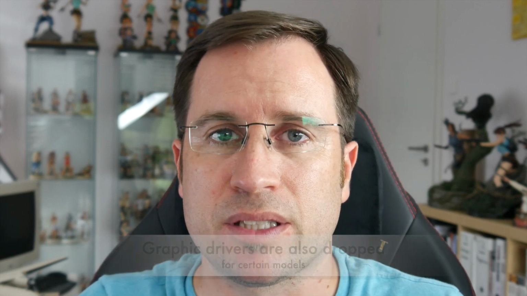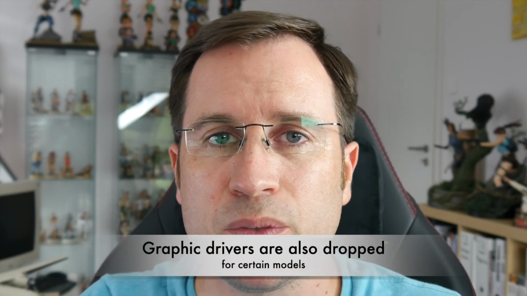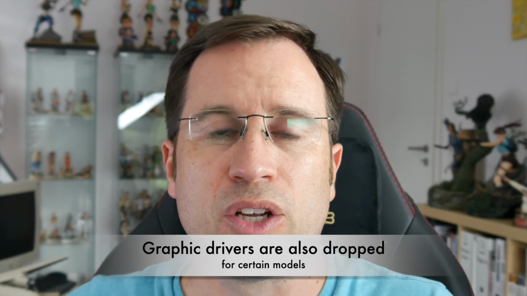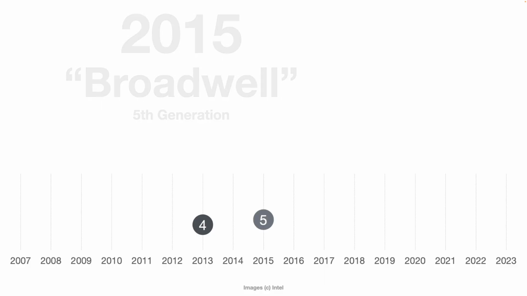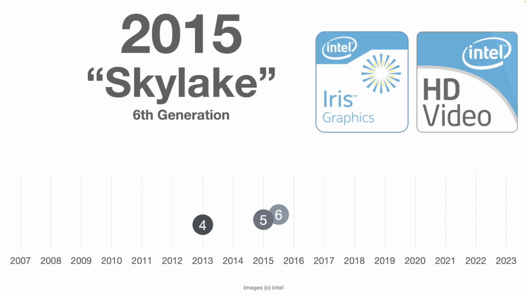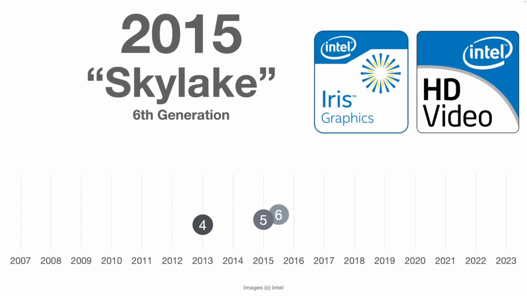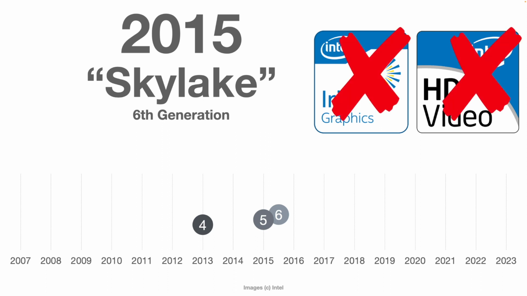And as Apple always does, when they stop support for old hardware, they also dropped graphics drivers. The 4th, 5th and 6th generation Intel Core had the Intel Iris or HD Video integrated graphics units. Apple dropped support and dropped the drivers out of macOS Ventura.